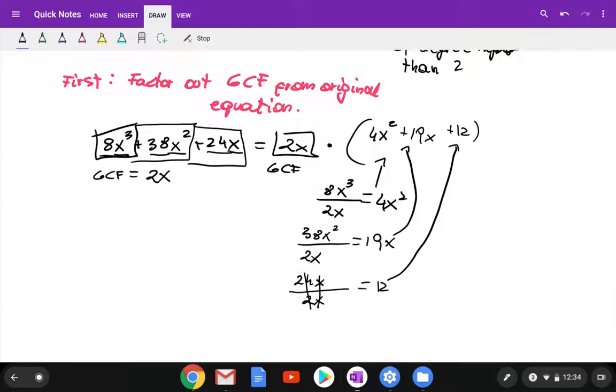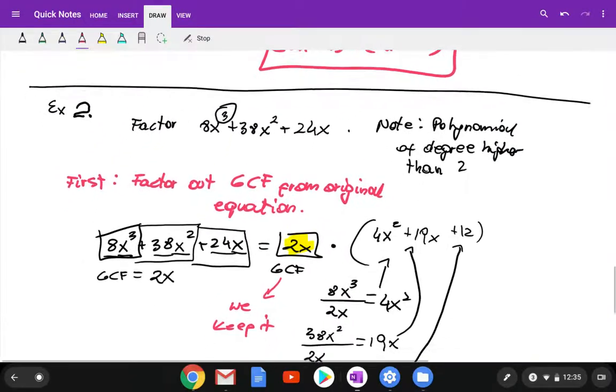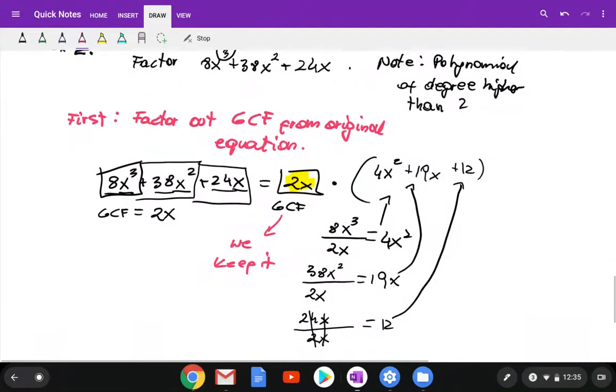Okay, so don't forget, let me just write a note right here that this GCF, the original GCF, we keep it. It's part of our solution, okay? We're only ignoring the GCF of the quadratic equation, which is the one we have in the parenthesis. So step 1 was factor out GCF.